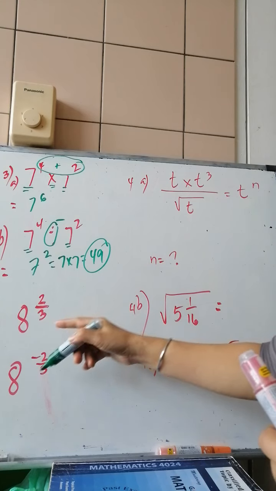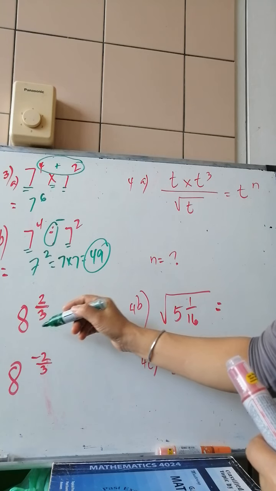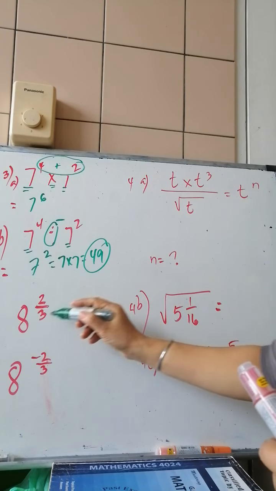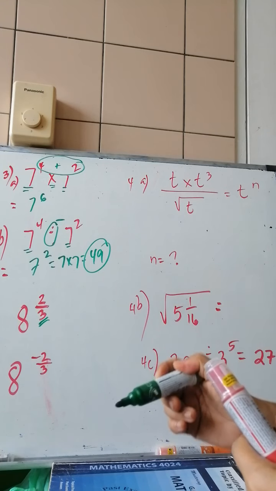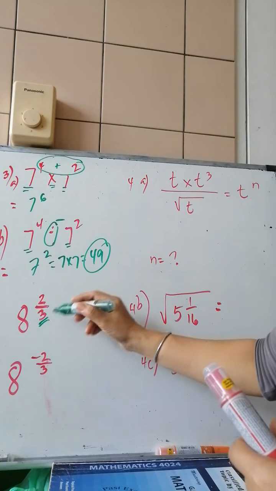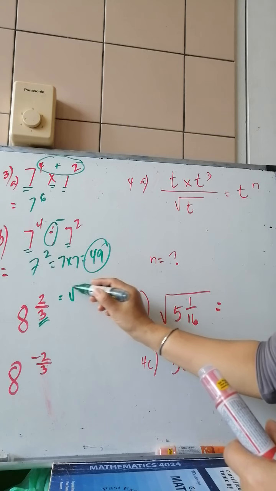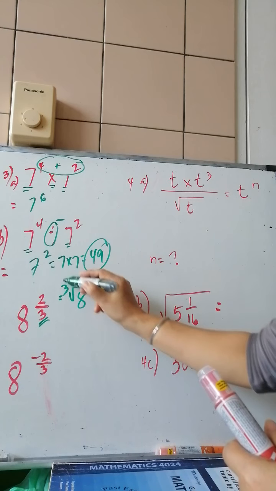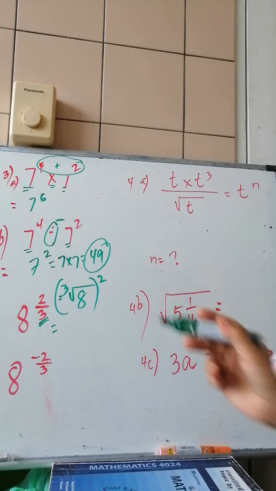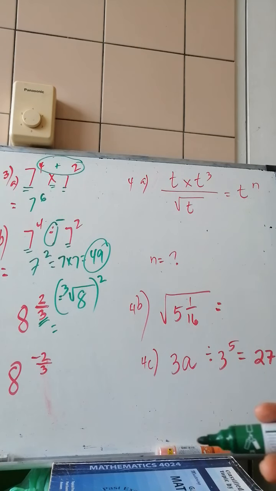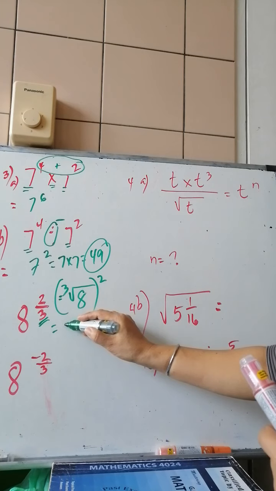Okay, then we have here 8 raised to the power of 2 over 3. We will do first the denominator. So we will find the cube root of 8, and then the 2 there means we square our answer. The cube root of 8 is 2 because 2 times 2 times 2 is 8.